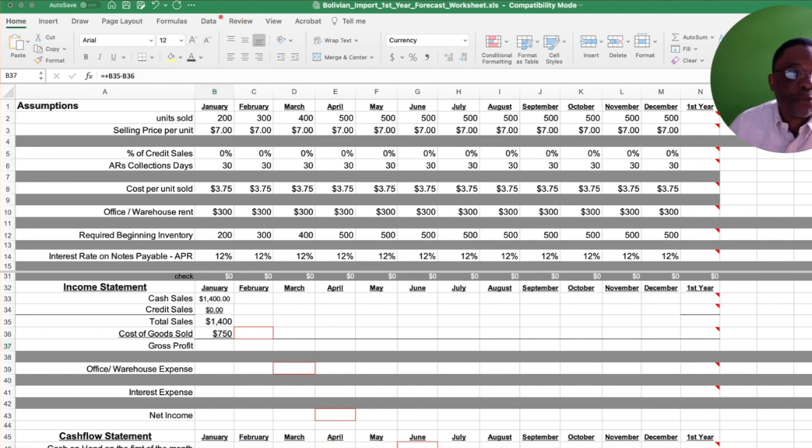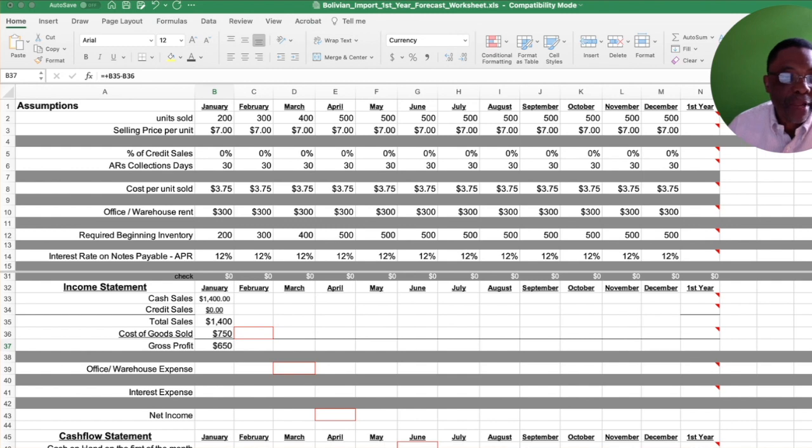That formula says B35 minus B36. B35 is total sales, and B36 is the cost of goods sold. We subtract those two and we get gross profit. And again, that will go in cell B37. So we see our gross profit for January is $650.